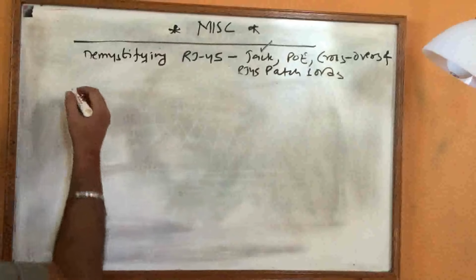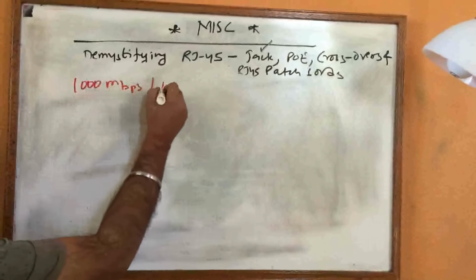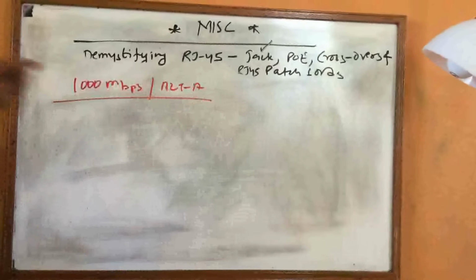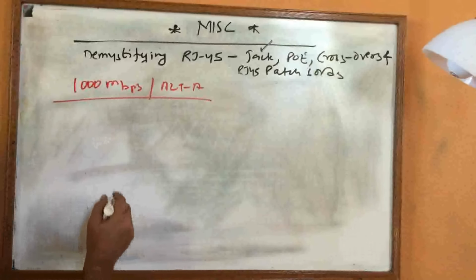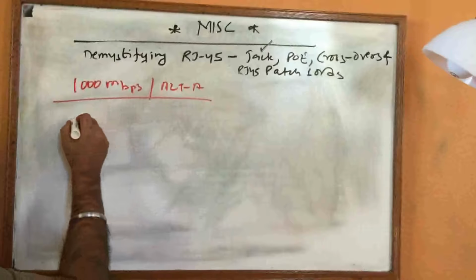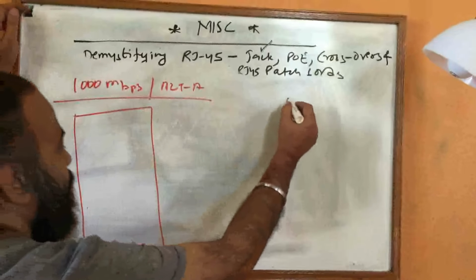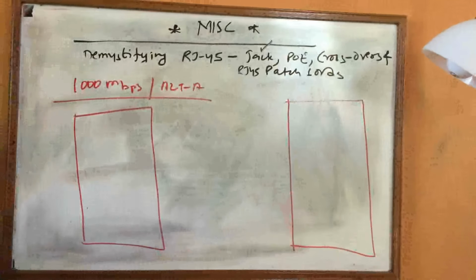Let's talk about the 1000 Mbps alternate A configuration. As you understand, the alternate A configuration is very different from the regular 100 Mbps connection. So we are going to build the same thing, and talk about a more complicated term here.